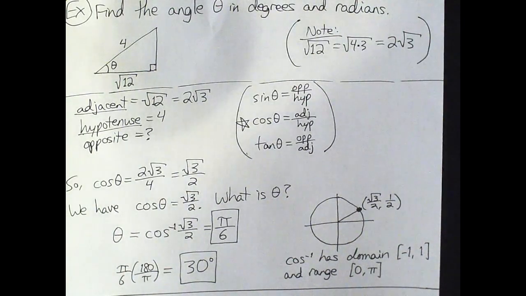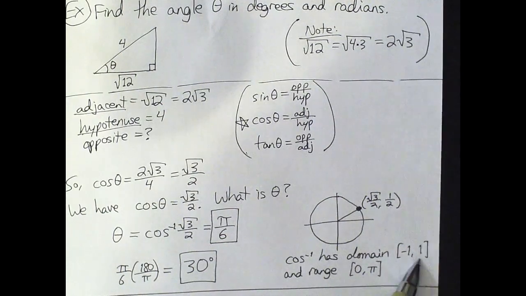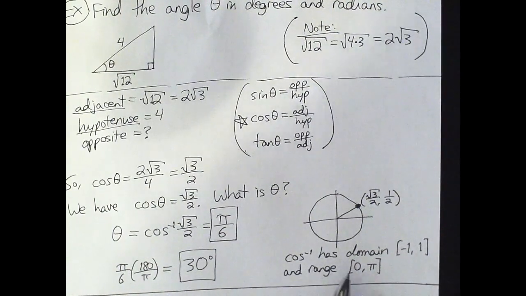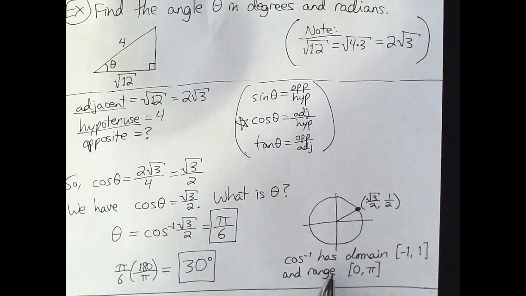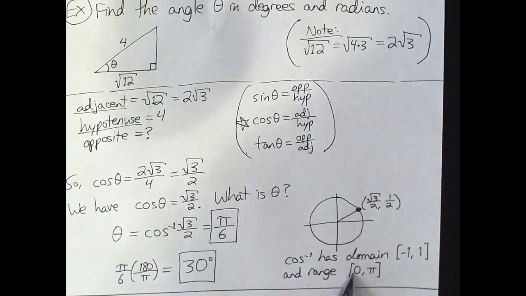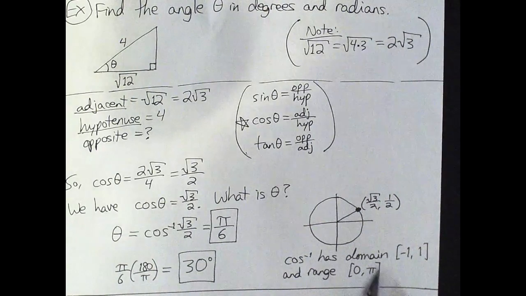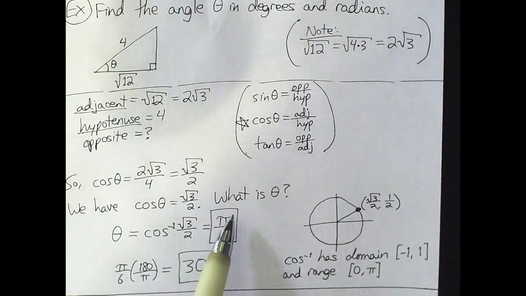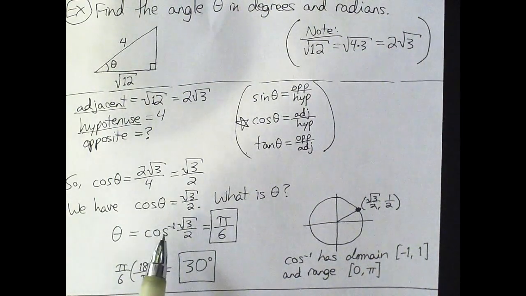One thing I want to point out is that, remember, inverse cosine has domain -1 to 1 and range 0 to pi. The range of inverse cosine is 0 to pi radians. It's always in radians. So if you say inverse cosine of something equals, your answer has to be in radians.